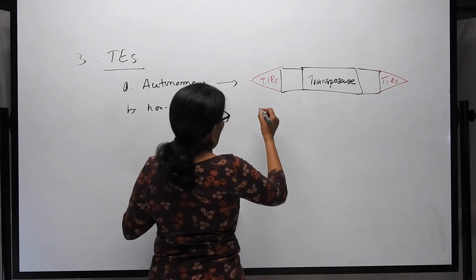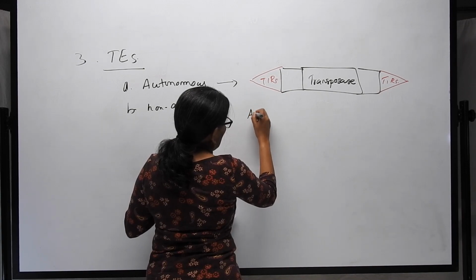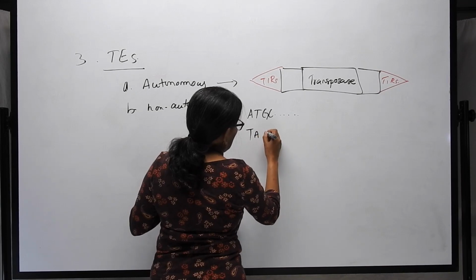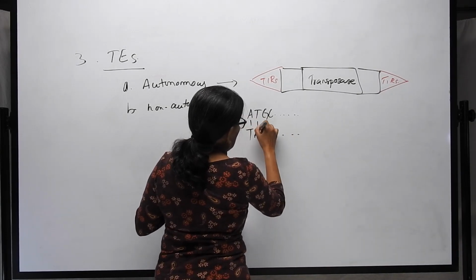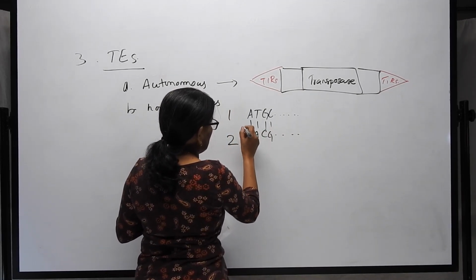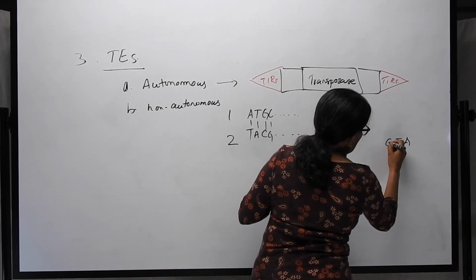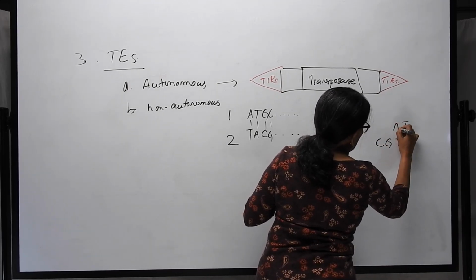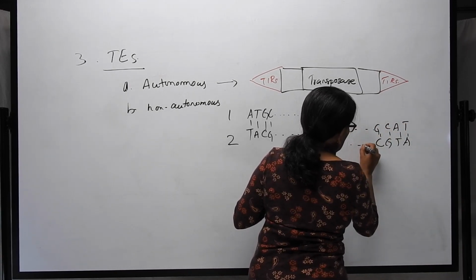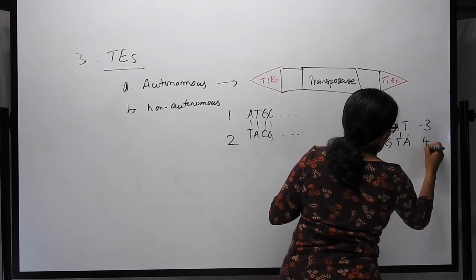So what is a terminal inverted repeat? Say, for example, ATGC and then the sequence labeled 1, 2, and here it will be ATGC again, labeled 3 and 4.